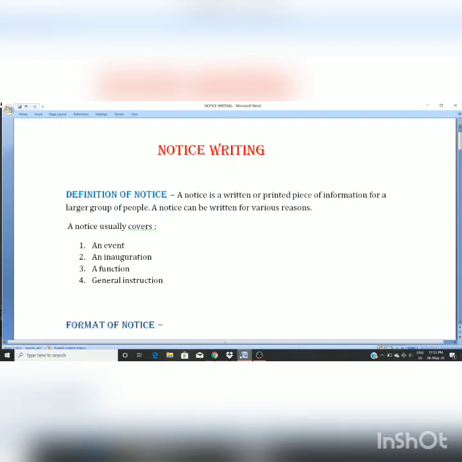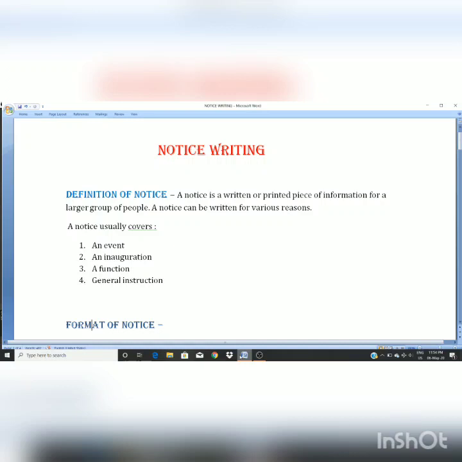Okay students, so let us know what a notice is and how we write a notice, what the rules of a notice are, and what the do's and don'ts of notice writing are. As you can see on your screens, the definition of a notice is written. A notice is a written or printed piece of information for a larger group of people.